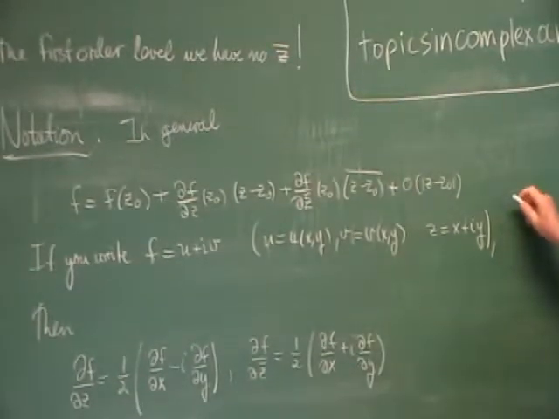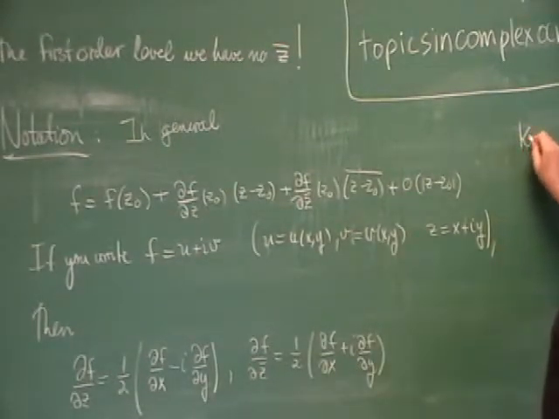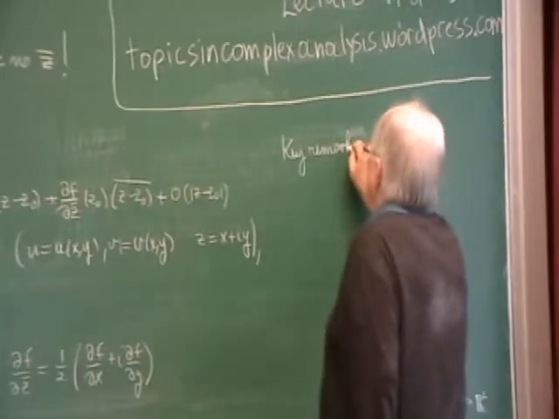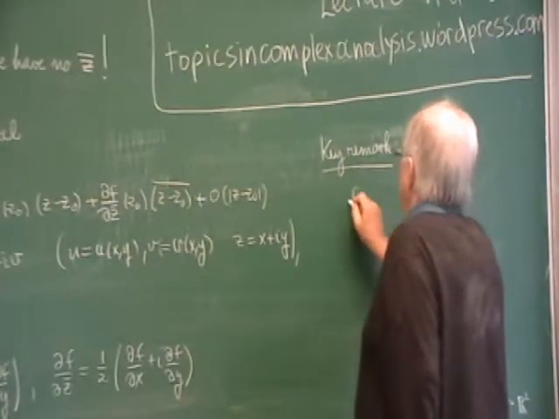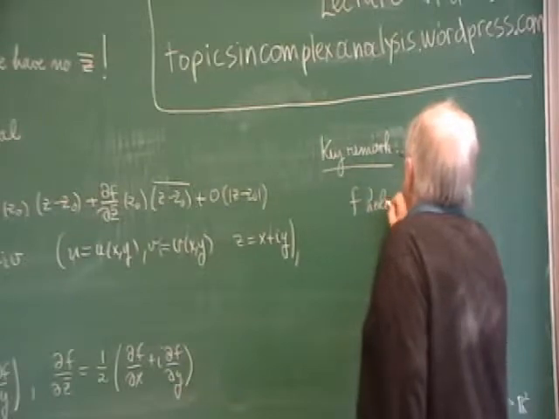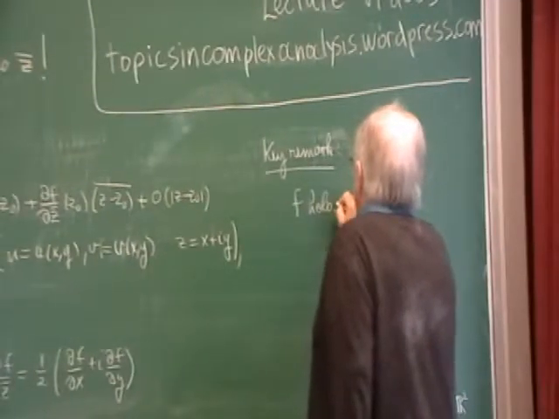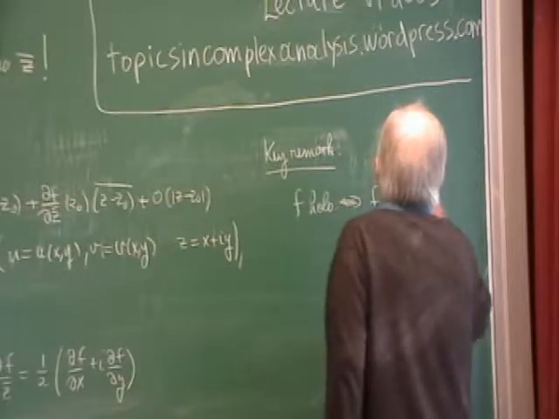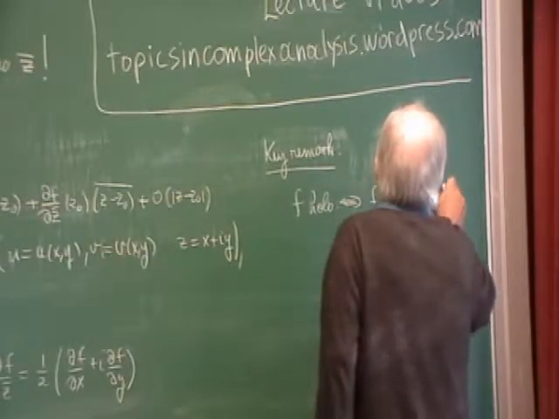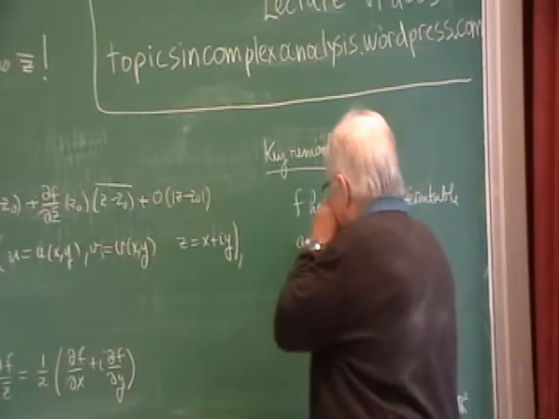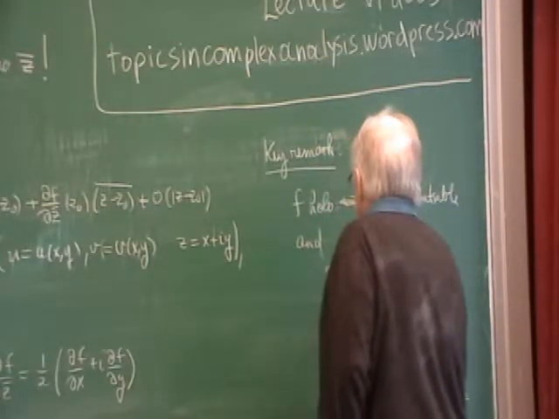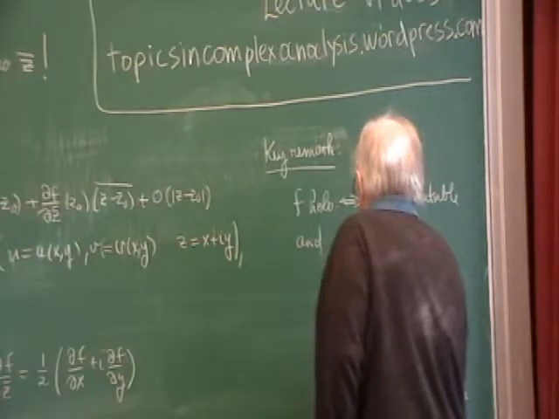So another little, then the key remark here that you keep in the back of your mind, keep things straight, is that f is holomorphic means that f is differentiable and the derivative of f with respect to z bar is 0.